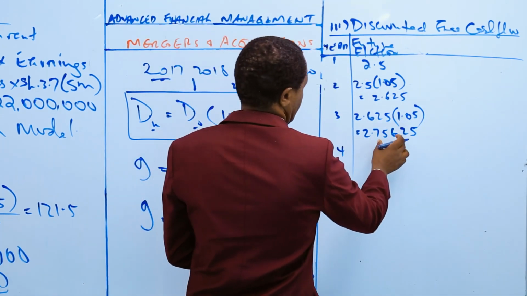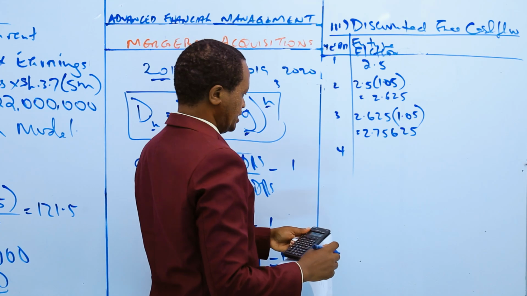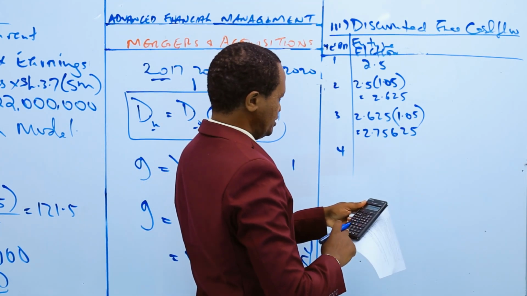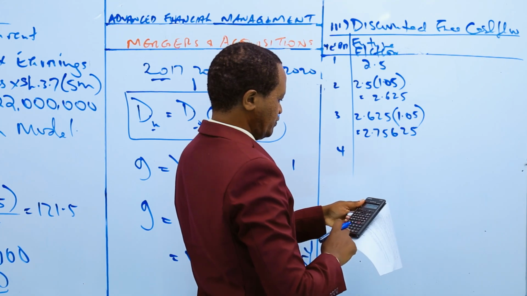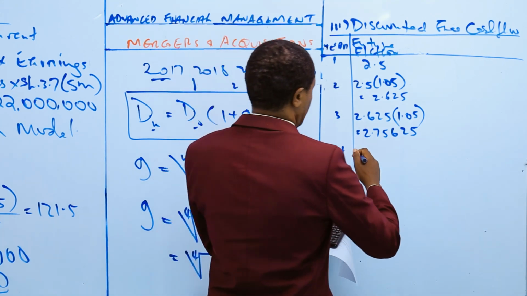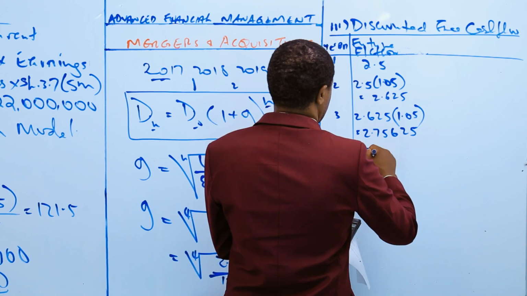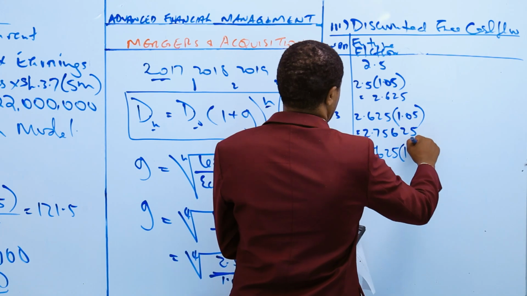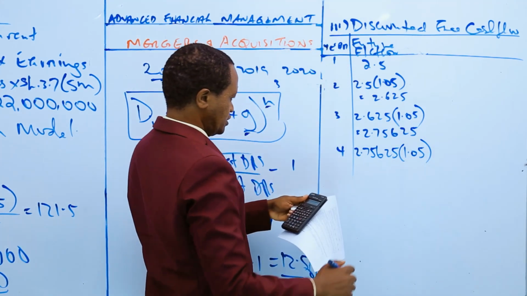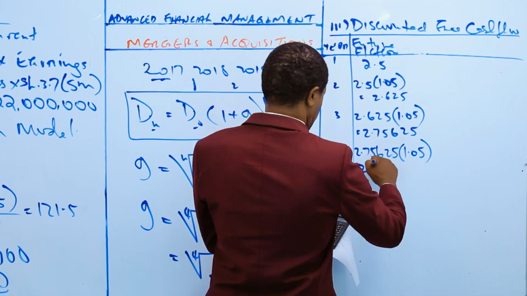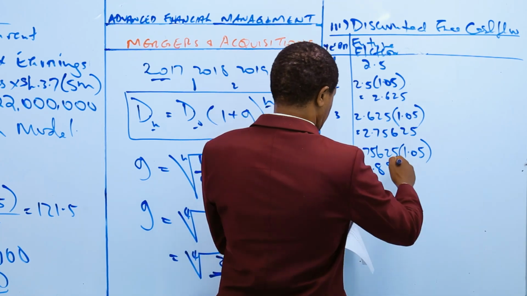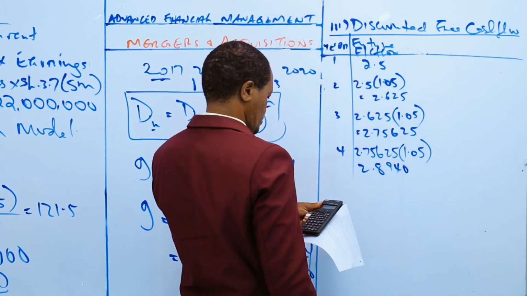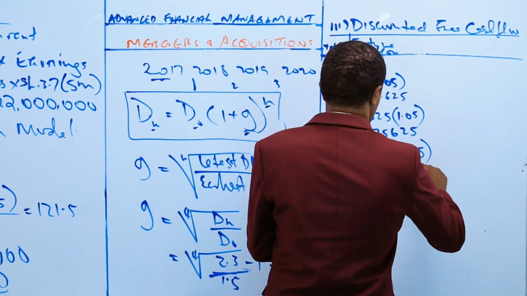Year 4, this will grow again at 5%. So I apply 1.05. Here I have 2.75625 times 1.05, which is equal to 2.8940625.